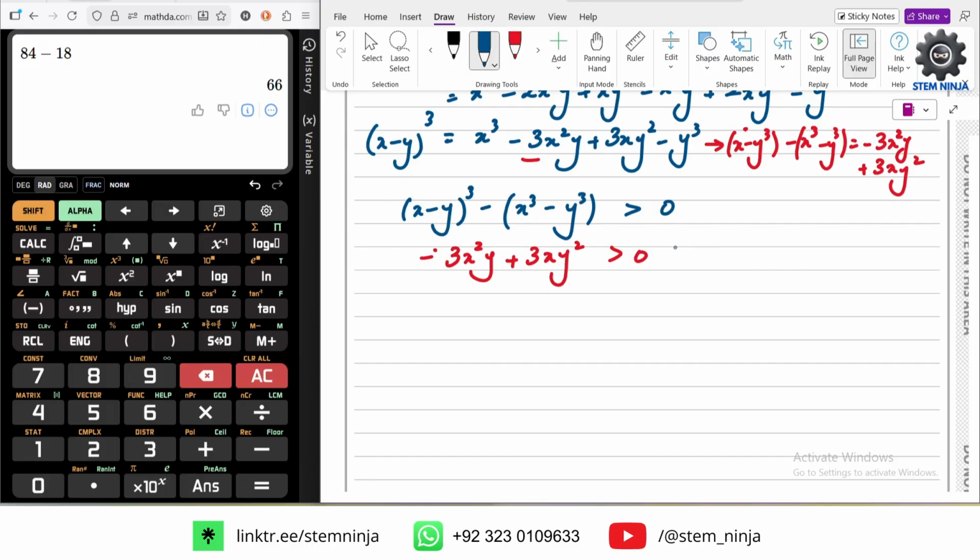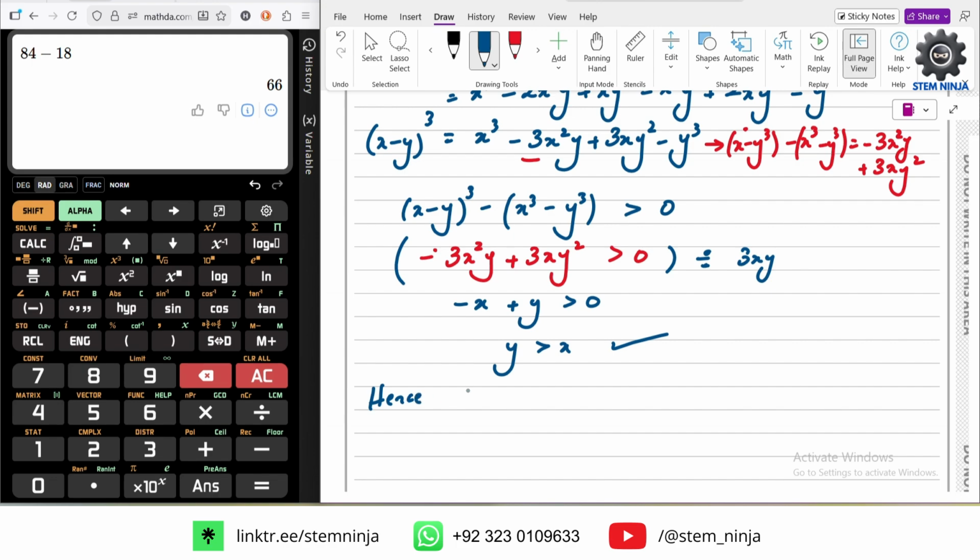So you divide this entire equation by 3xy, right? So you would get minus x plus y greater than 0, so this would become y greater than x. So this is your proof.